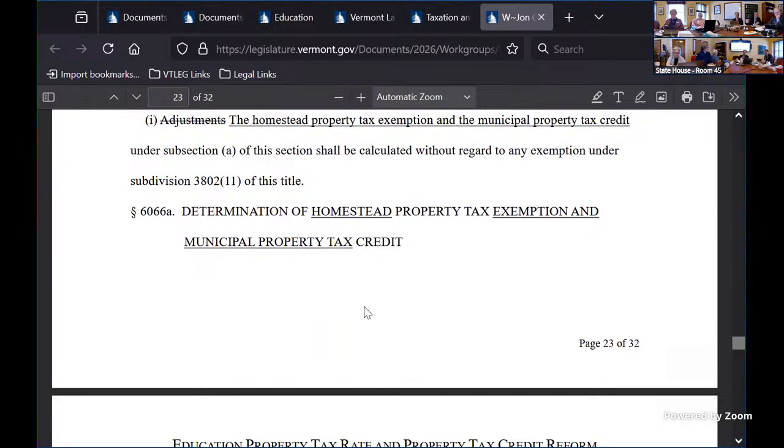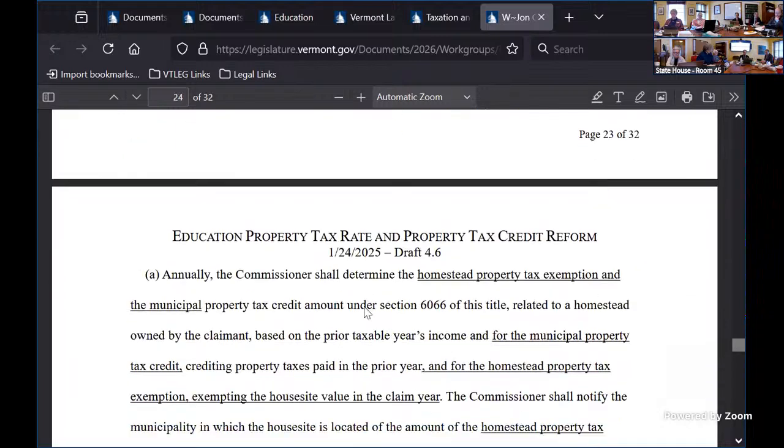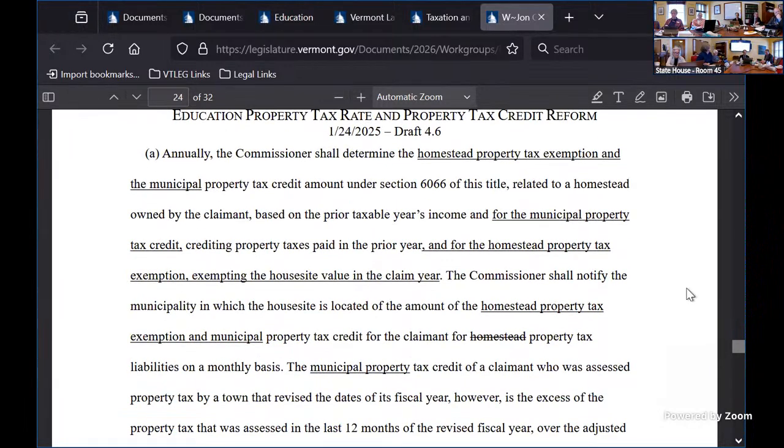66A, more conforming type changes. We've already walked through the actual substance of the exemption, so you've gotten the heart of the proposal. This is just calling out that the commissioner shall determine the exemption and those municipal property tax credits on particular dates based on, this taxable year, crediting property taxes paid in the prior year.